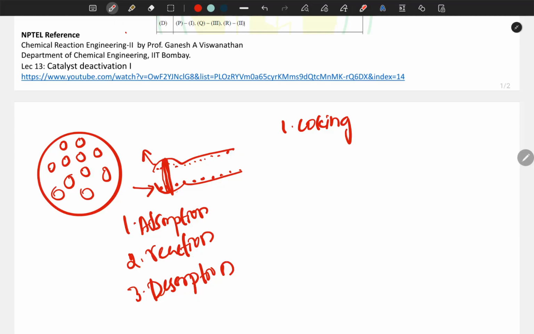So this will considerably minimize the conversion of your reactant into product. Coking is very common in petroleum industry processes such as FCC, fluidized catalytic cracking.